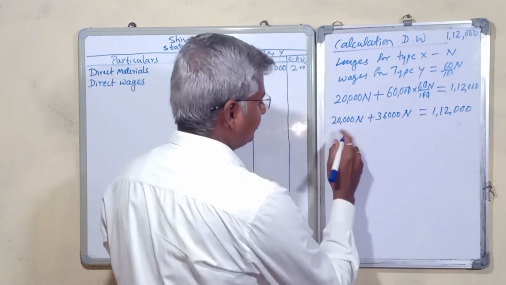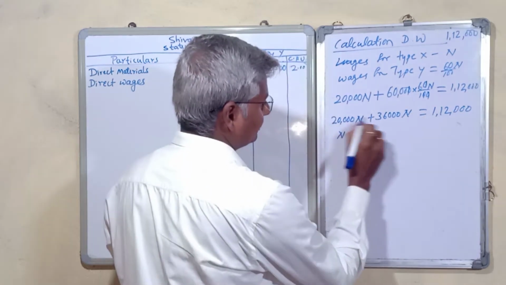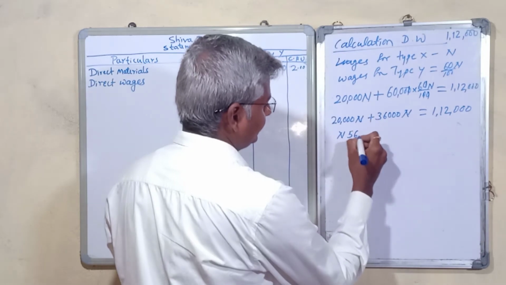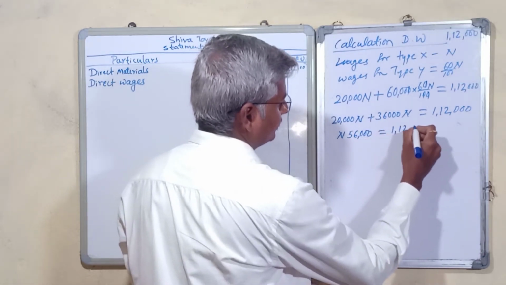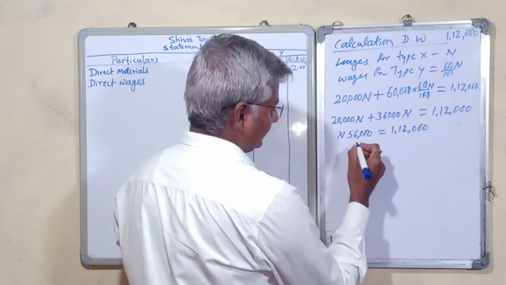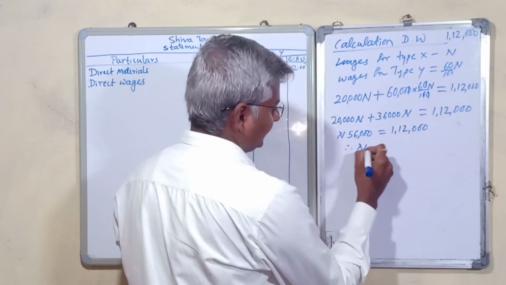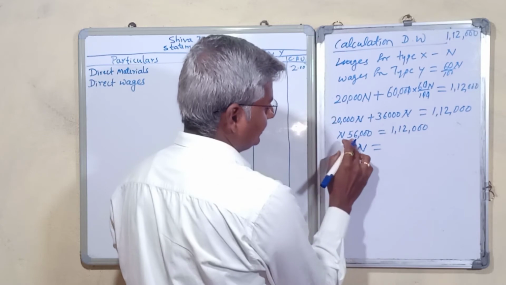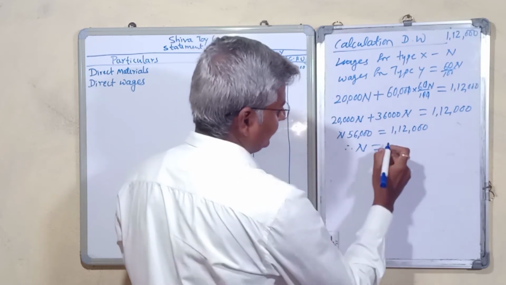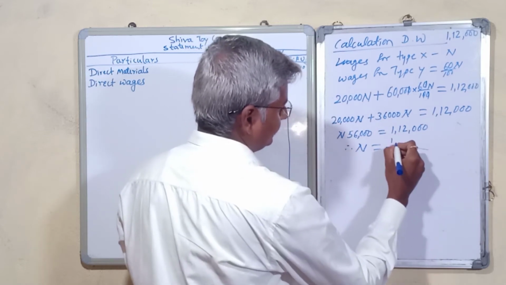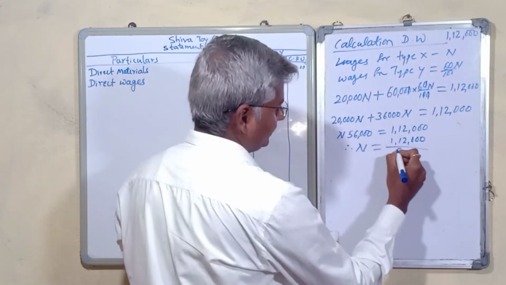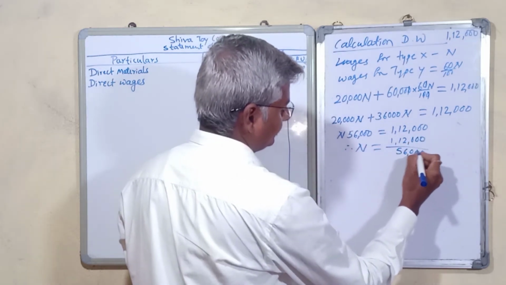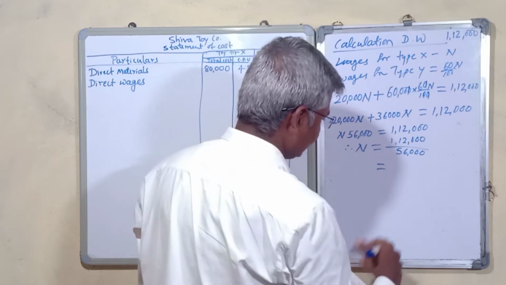Then N is common, so I will take N here. 20,000 plus 36,000 is 56,000 N equals 1,12,000. Therefore N equals 1,12,000 divided by 56,000. We will get 2.